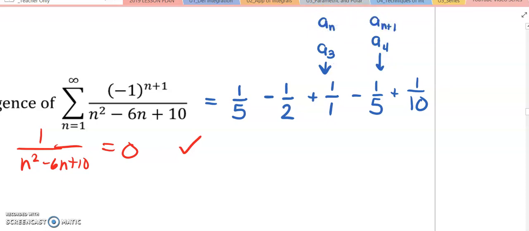When n is equal to 3, it appears that the statement that a sub n must be bigger than a sub n plus 1 is actually holding true. So if we eliminate those first 2 terms, we can see that the alternating series test is actually going to work here.